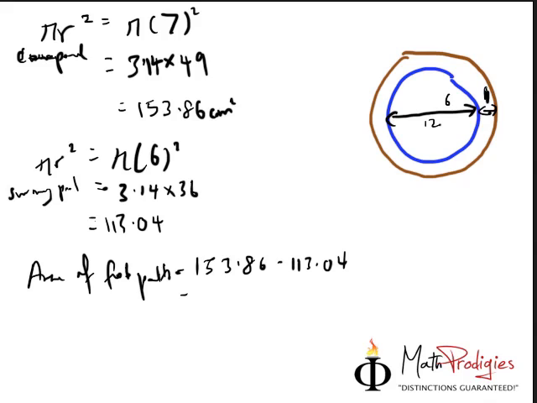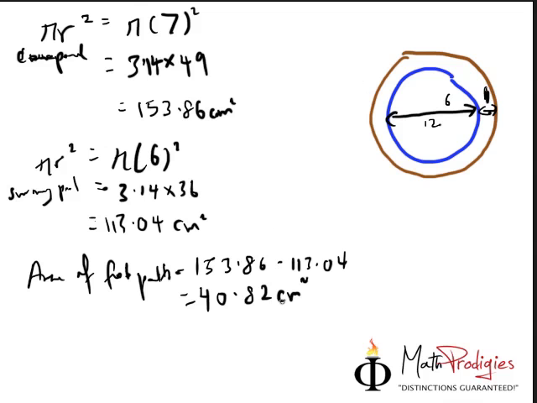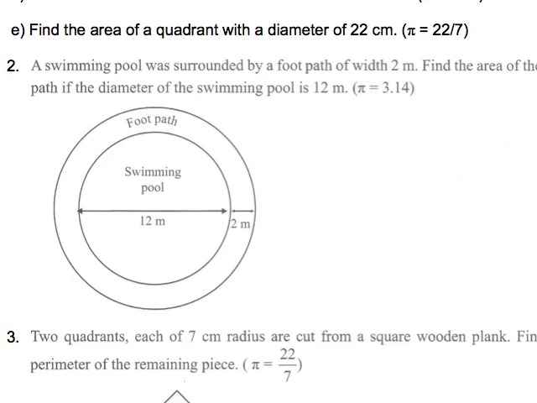Therefore, what do you get? 40.82. So if you got that right, I'm going to give you a big high five and say you are a math prodigy. Good job. That's basically it. Oh, sorry, meter squared. So that is the answer.